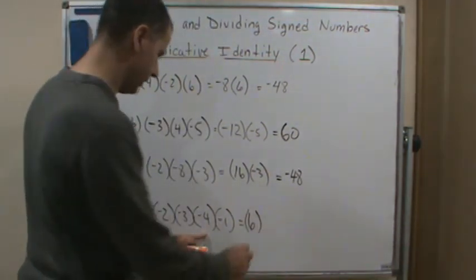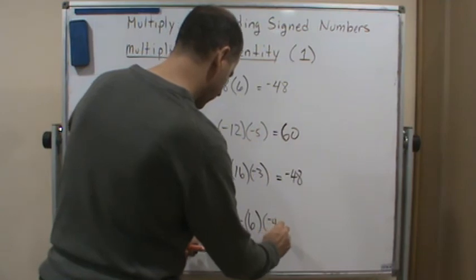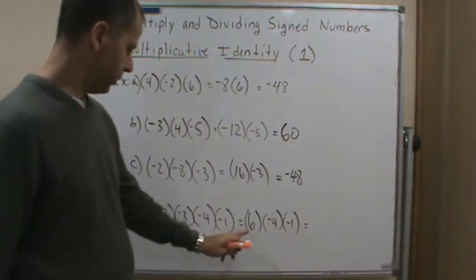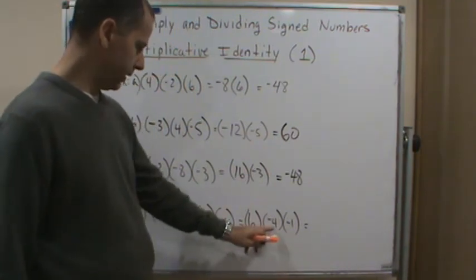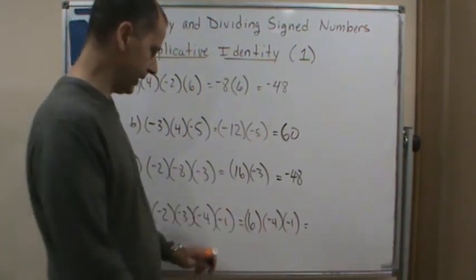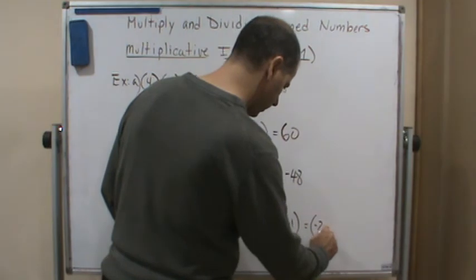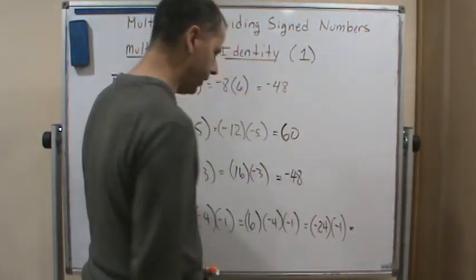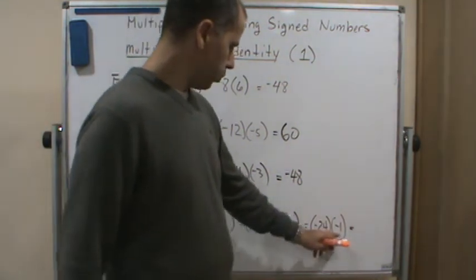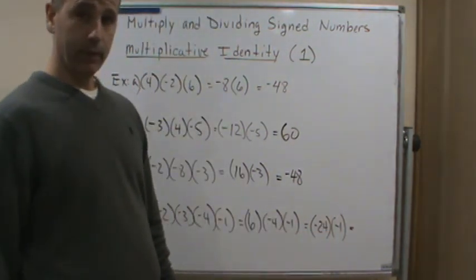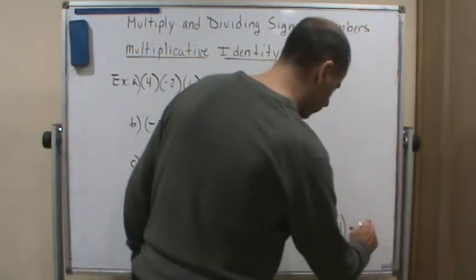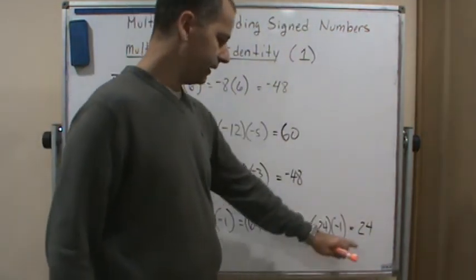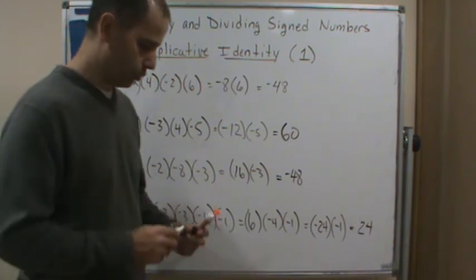And then we have negative 4 times negative 1. And then we do 6 times 4 is 24, and since they have opposite signs, it's going to be negative, so we get negative 24 times negative 1. Now here, what's 1 times 24? It's just 24. And since they have the same sign, it's going to be positive, so we get positive 24.